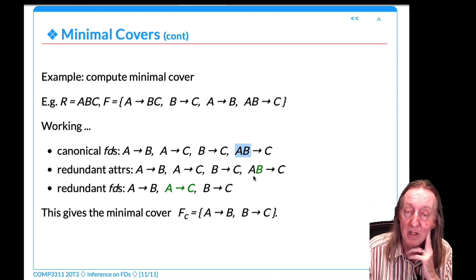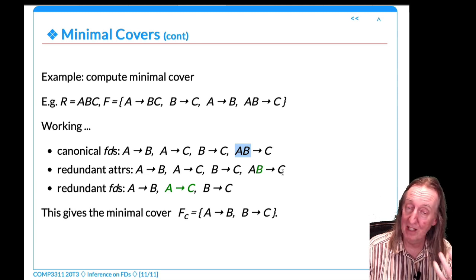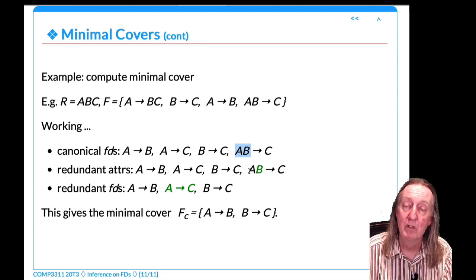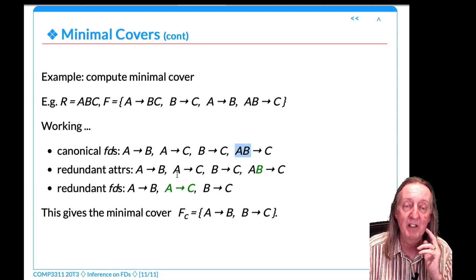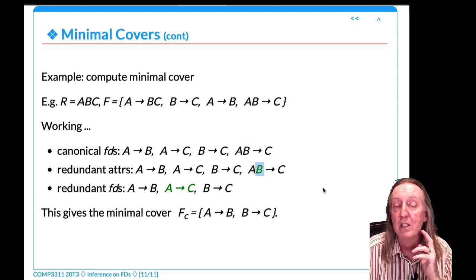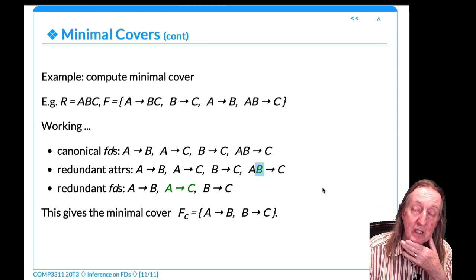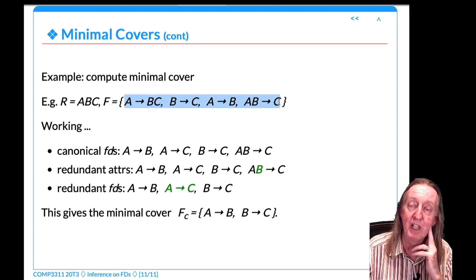Then we've still got A determines C, and therefore the closure of this particular set of functional dependencies without the B is going to be the same as the closure for the original set of functional dependencies.